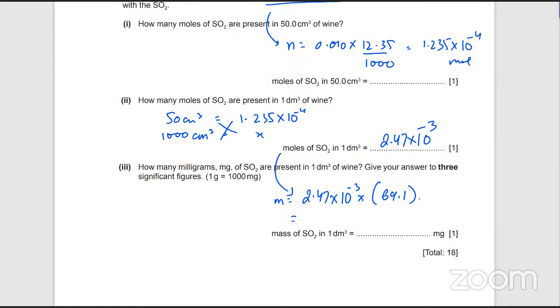This will be in grams. 0.158. But that's in grams, okay? But in milligrams, it's going to be multiplied by 1,000.